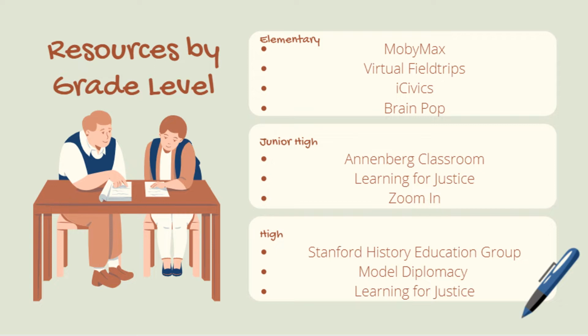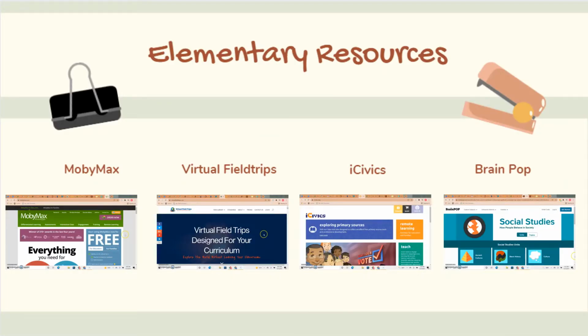Continuing with the high school level, we have Stanford History Education Group and Model Diplomacy. Here is the list of the four elementary resources that we have provided, and we're going to be looking at these four first.